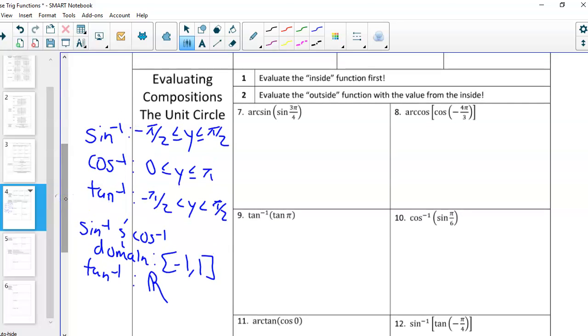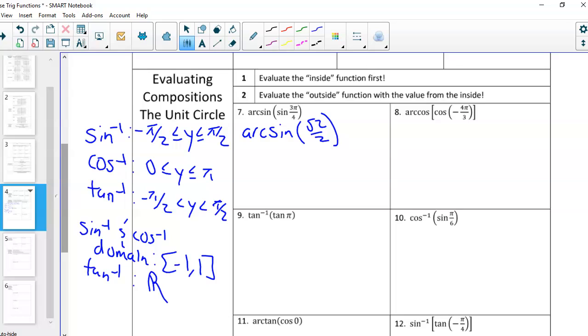For this, 3 pi over 4, does that fall within this range? No, it doesn't. So that means these won't cancel. That means our answer is not 3 pi over 4. But we can find this by finding the inside and then the outside. So what is the sine of 3 pi over 4? Root 2 over 2.